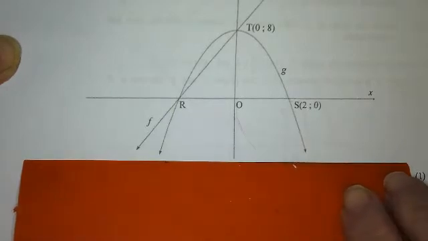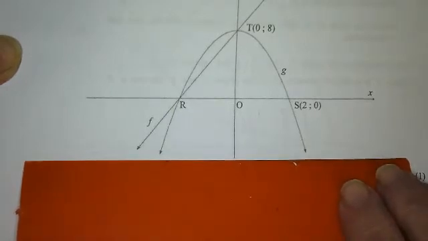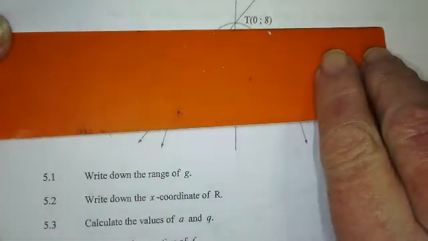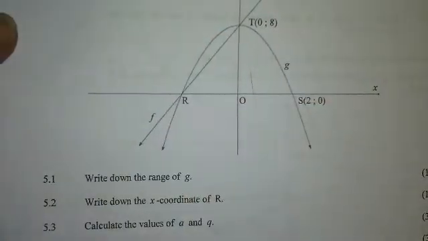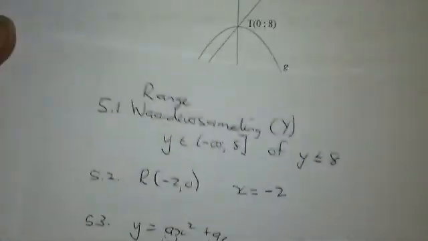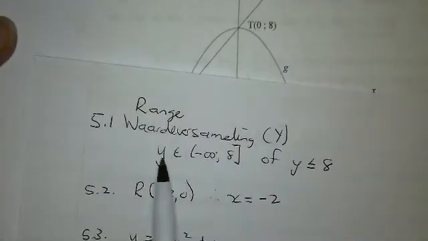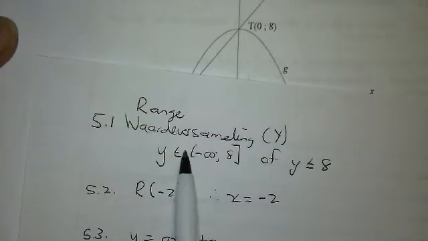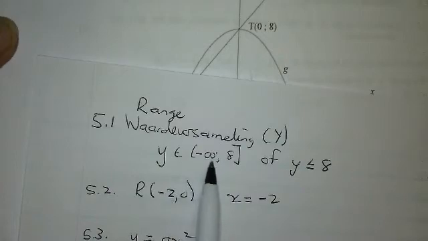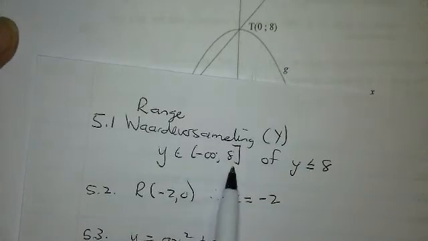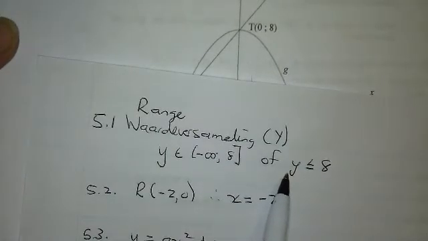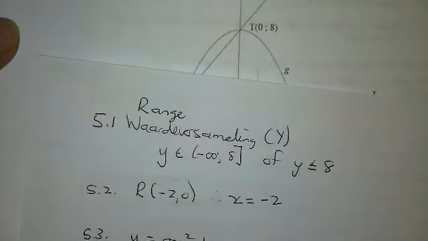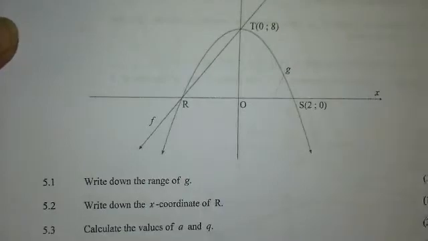The smallest value you can get is -infinity, and the highest value you can get for the parabola will be 8. So how will you write it down? For the range, you say y is an element of (-infinity; 8], with round brackets and a block bracket on the 8. Or you can write y is less than or equal to 8. So that's your first question, the range.